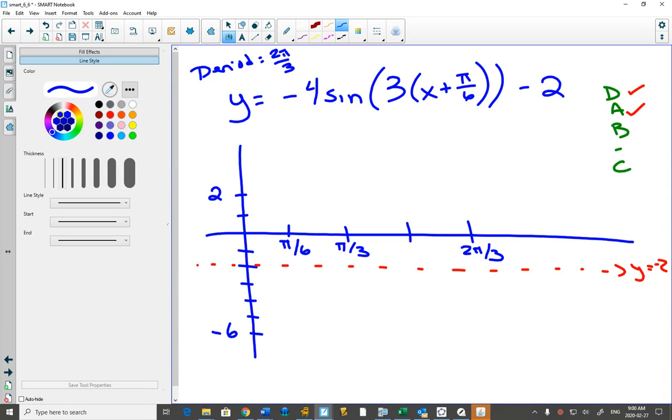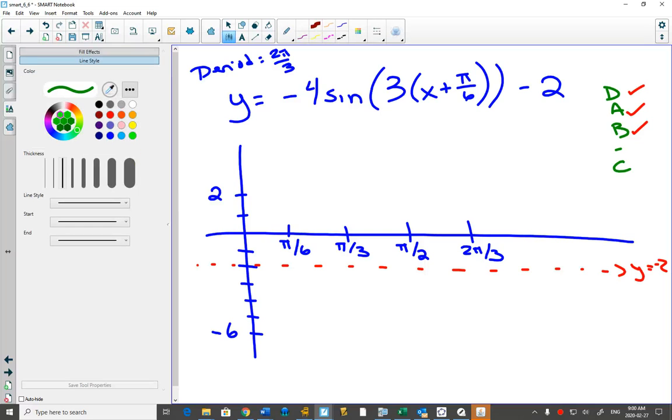Pi over 6. Count by pi over 6. 1 pi over 6, 2 pi over 6, 3 pi over 6. You okay if I write 3 pi over 6 as pi over 2? So now we've got our period labeled in 4 equal sections, and our B value is done.